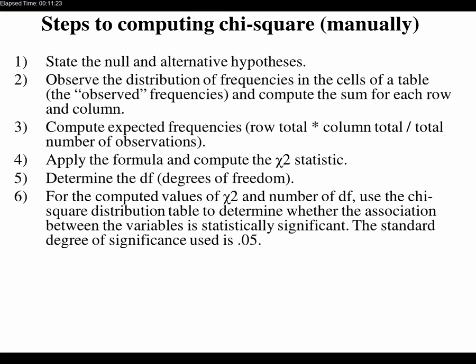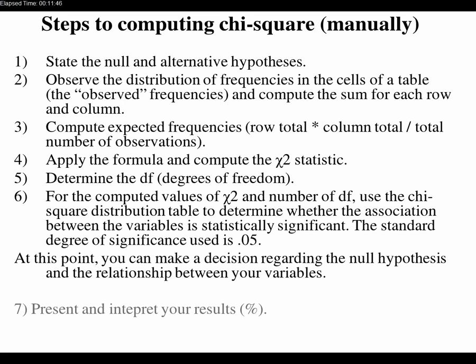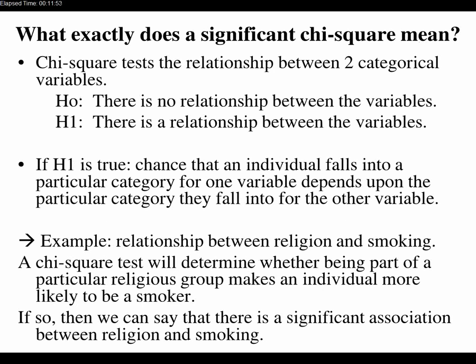That gives us a 95% chance of being correct that the association between the variables is statistically significant. At this point, you can make a decision regarding the null hypothesis and the relationship between your variables. The last thing that we do is present and interpret our results in percents.